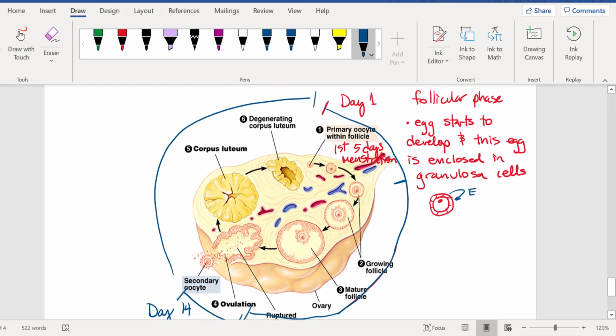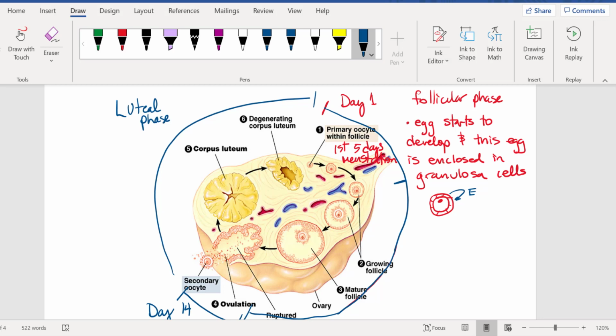Now that follicular phase is always 14 days, no matter what. And so on average, a full cycle is 28 days, but it can vary. So this luteal phase can vary. So this is after ovulation, and now the follicle turns into this structure called the corpus luteum.